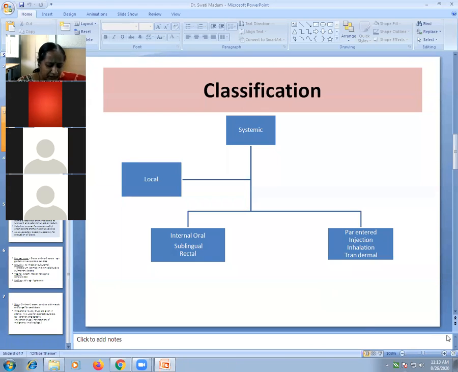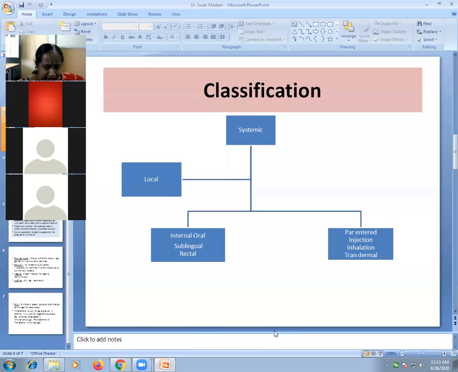Then the intramuscular route: injections are given in the muscle. Then the intravenous route: injections are given in the vein.